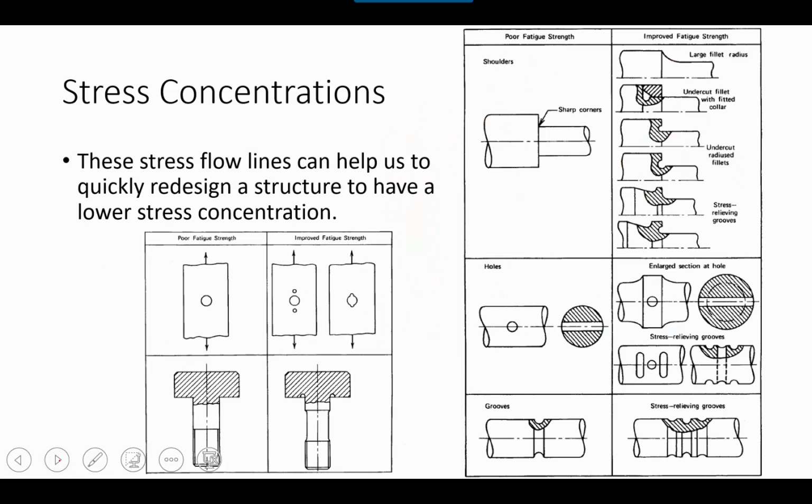Taking this concept further, we can look at a bunch of different geometries and quickly figure out ways to mitigate, to reduce stress concentrations, and even to remove material where there are dead zones where stress does not flow at all. So some examples, say we have this chart that shows examples for poor fatigue strength versus ways to reduce that stress concentration and improve fatigue strength.